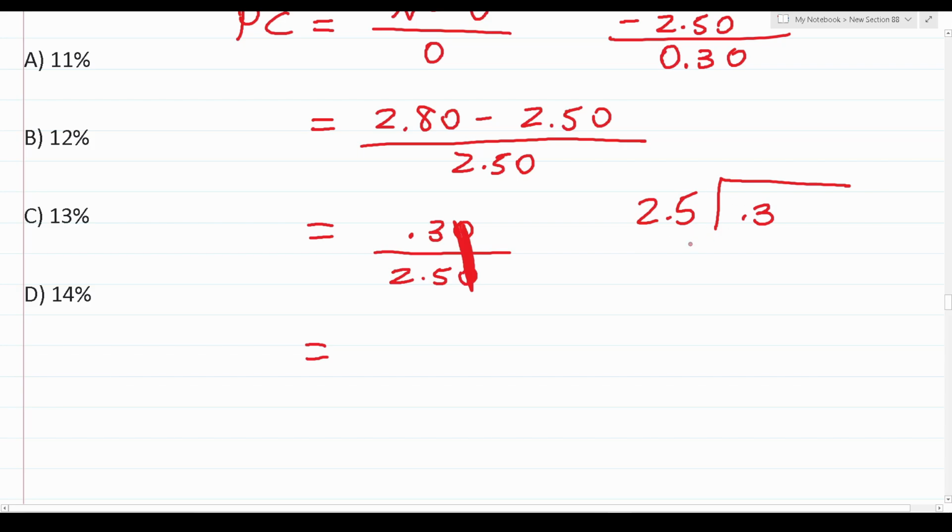Again, if there's a decimal outside this division bracket, you have to shift that decimal to the right however many times to make it go away. So in this case, I'm going to have to shift the decimal in 2.5 one time to the right to make that 25. And at the same time, I'm going to have to shift the decimal in 0.3 a corresponding number of times. So this becomes 3 divided by 25.